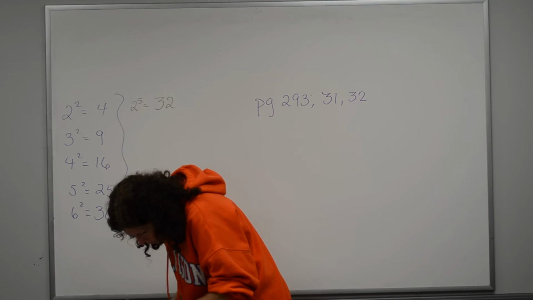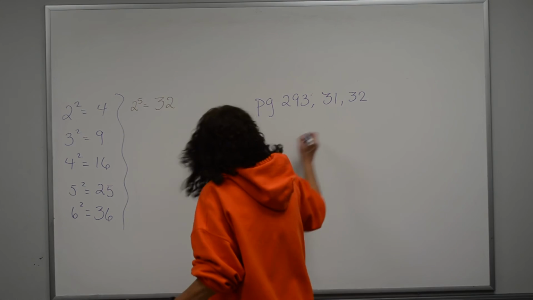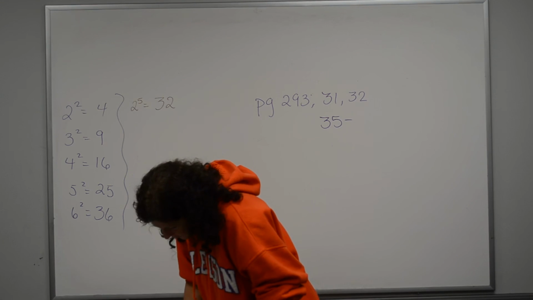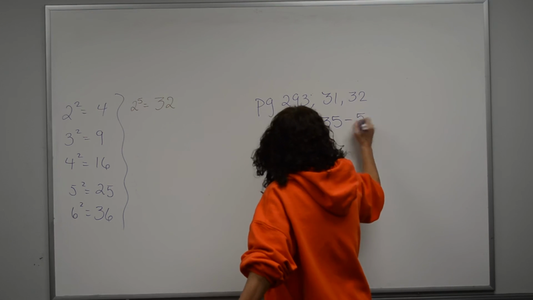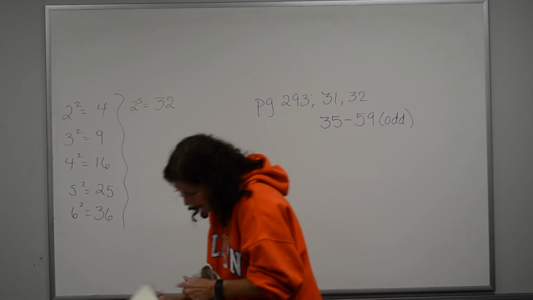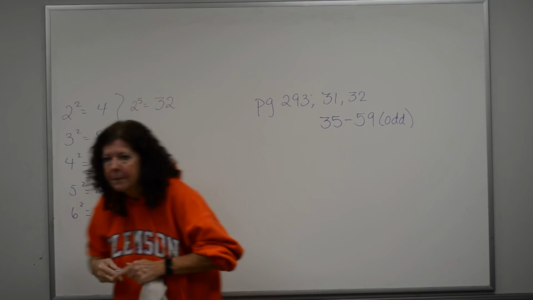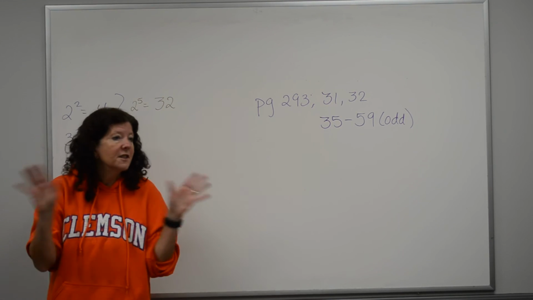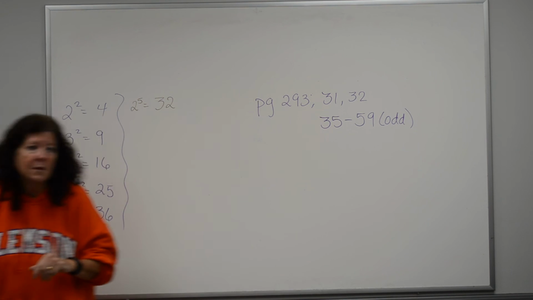And then do 35 through 59, and we'll just do odd, because that gets you the rest of that in there. Now pay attention to whether you're doing all this stuff, it's mixed up in there. Everything that we've talked about today.